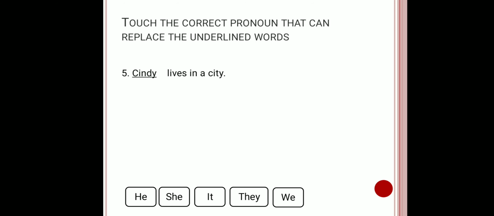Can I say he lives in a city to replace Cindy? Oh, this is a fatal mistake. It couldn't be. So I have to use she because she is the appropriate subject pronoun that I should use here to refer to Cindy. She lives in a city. Okay, let's continue.